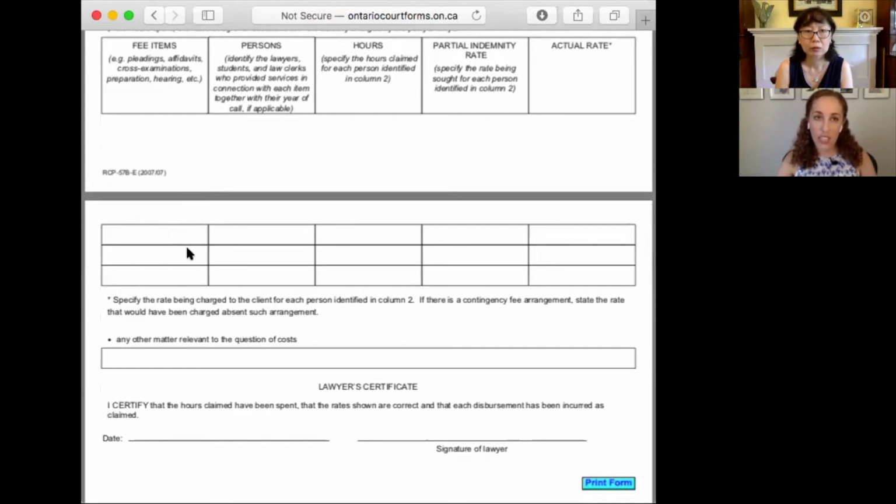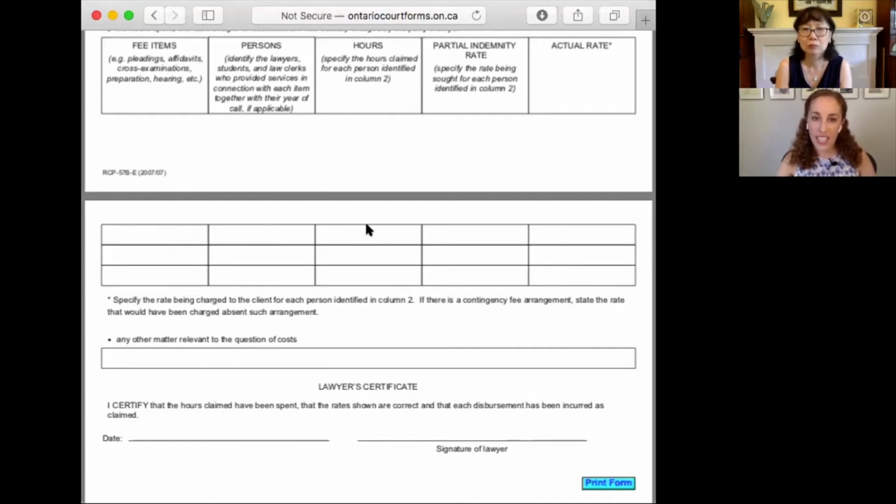And normally there's some information for the correspondence that was exchanged prior to the motion as well. Then you're going to identify, let's say I drafted the notice of motion with a law clerk and I put 0.5 of an hour and the law clerk put 1 hour, and you can identify that I did 0.5 and she did 1 hour.